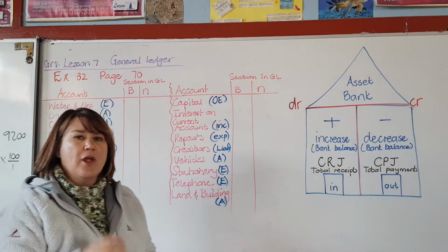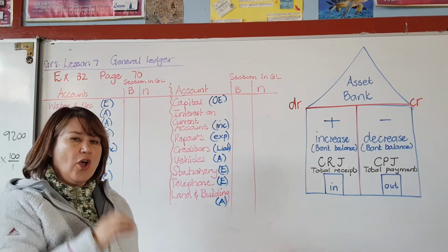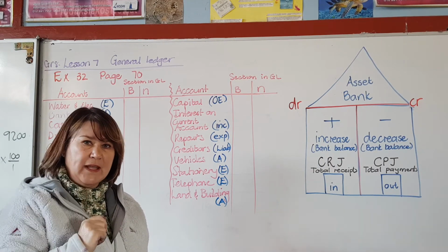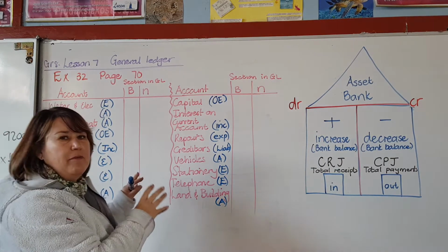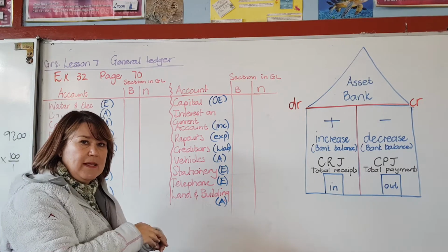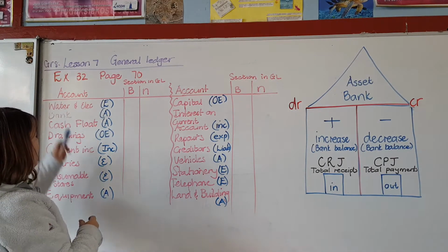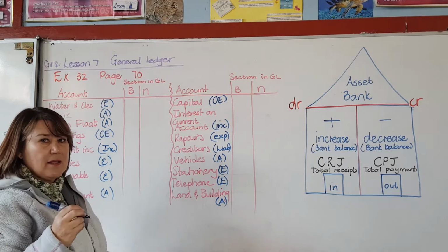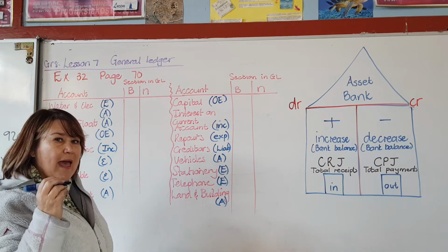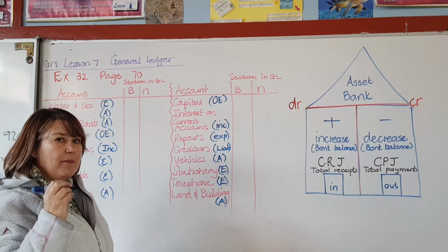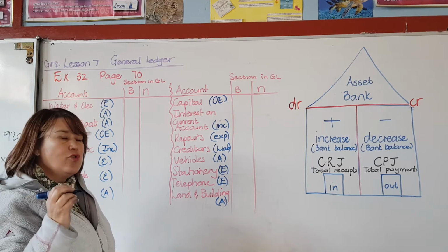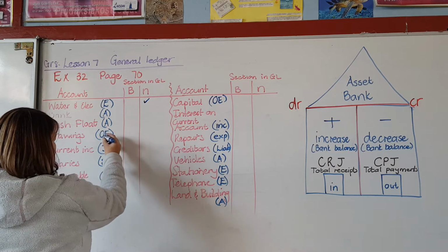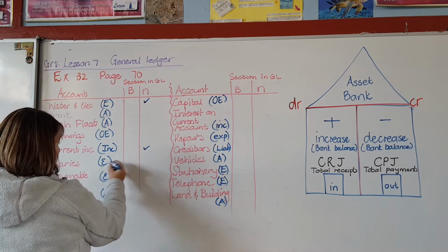So if you know your definitions of an asset, of a liability, of an expenditure, of an income, this is going to be very easy to complete. So you need to know water and electricity, all your nominal accounts, all your expenses and income and expenditures. That's your nominal account. So can you see that's the nominal, that's nominal.